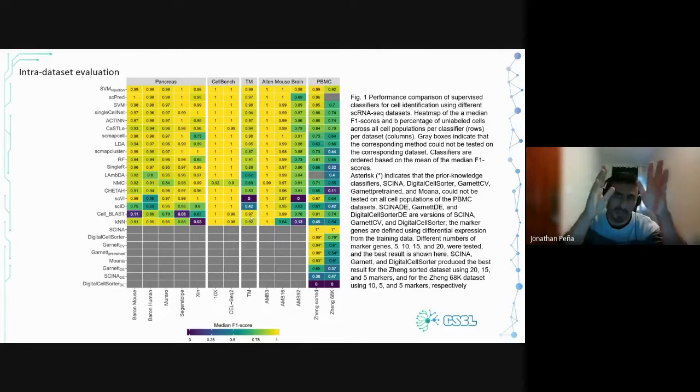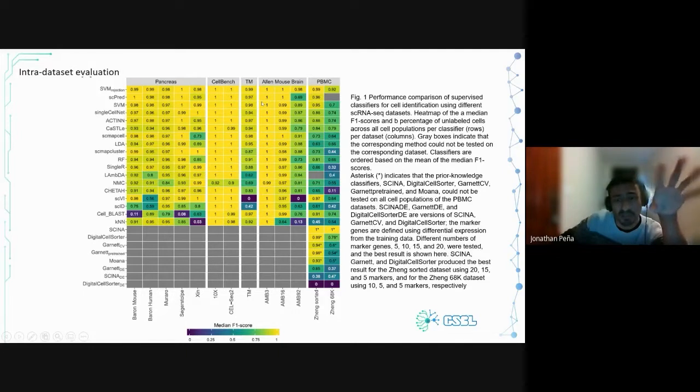For the training, they found that, for example, in pancreas, lung cancer and musculus, the SVM rejection method and the scPred method obtained the best scores for performance.